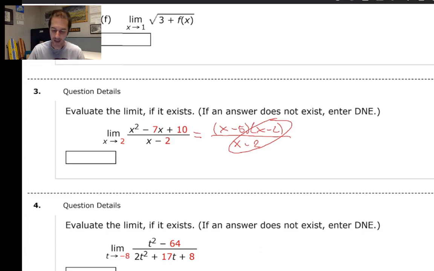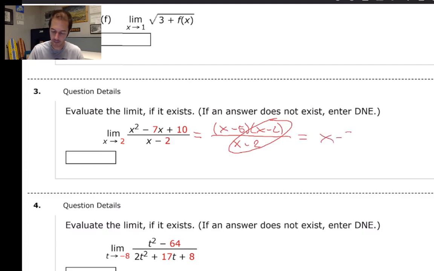If we hadn't had this x minus 2 up here, we would have been stuck with the x minus 2 in the denominator, which would manifest as a vertical asymptote. When you've got a vertical asymptote, that's when you start getting answers of either DNE or positive or negative infinity, sometimes depending again on the author or the multiple choice options offered to you. But in this case, we get to just cancel it out.